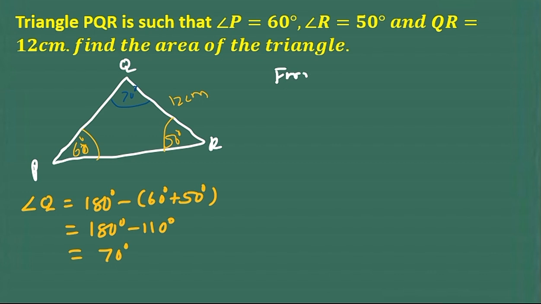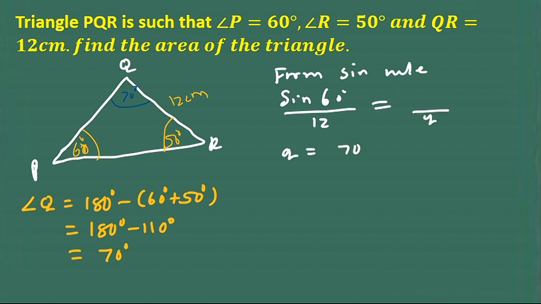From the sine rule, we know that I'm going to take this angle P, sine angle of P, which is 60 degrees, all over the opposite dimension, which is 12 centimeters, is equal to sine 70 over the unknown side.